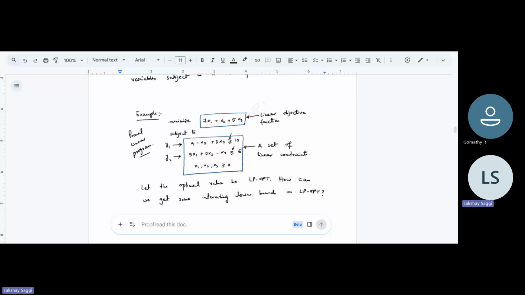Maybe it will come a bit later. Like, how do we use linear programs to design approximation algorithms? But for now, let's just understand what linear programs are and what some of their properties are, which will be very useful for us later on.